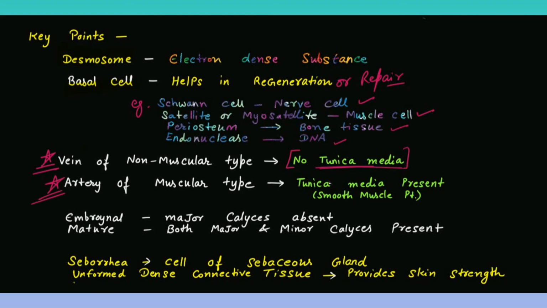In the artery of muscular type, tunica media is present and smooth muscles are present. Next is embryonal and mature kidney. In the embryonal kidney the major calyces are absent, and the mature kidney has both major and minor calyces present.